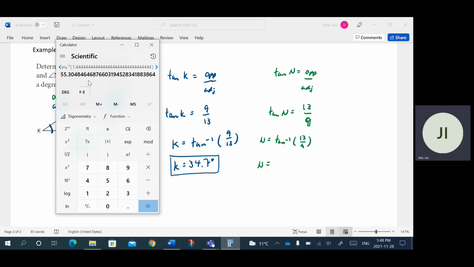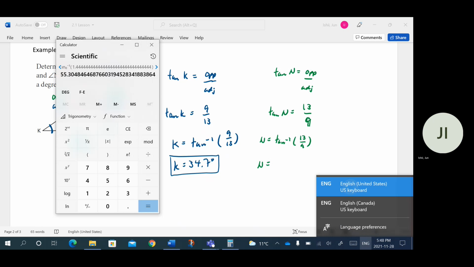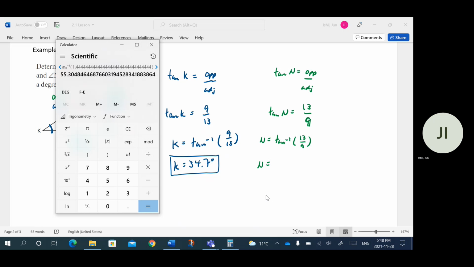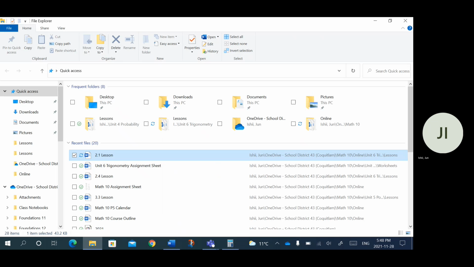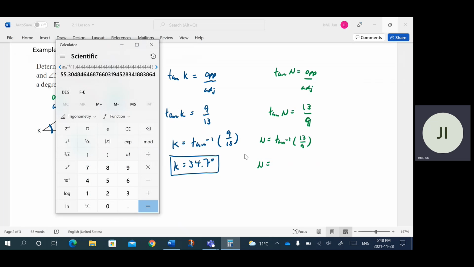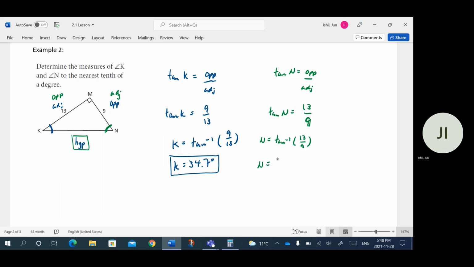Second function, tan inverse, 55.3 degrees. That is the measure of angle N.